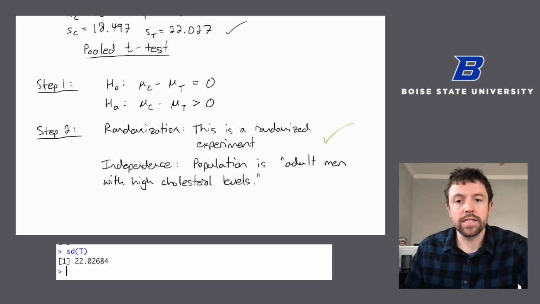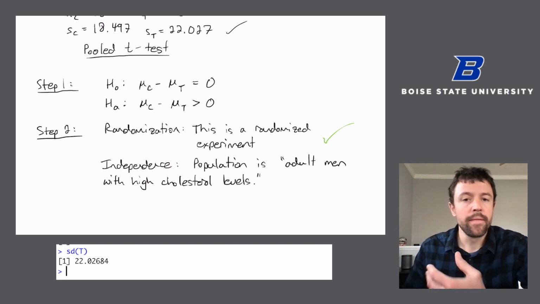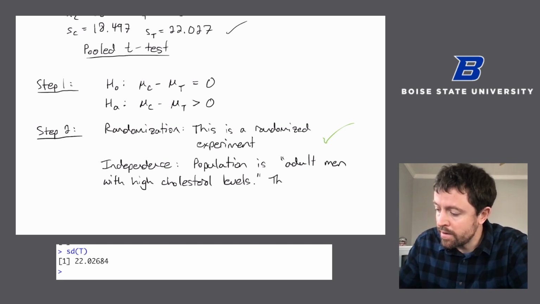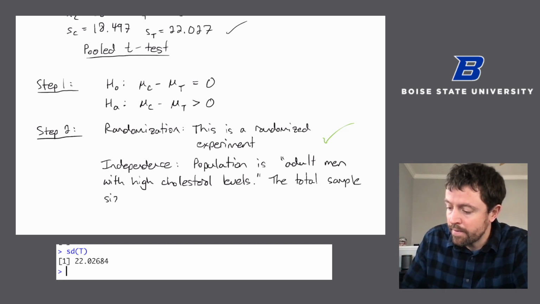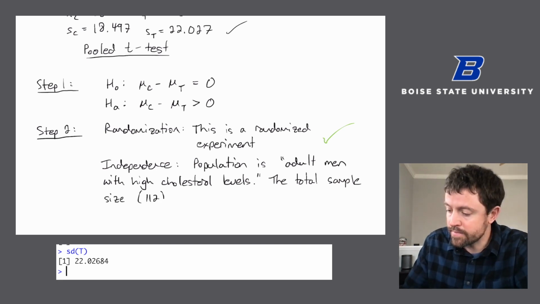And the condition here is that when we have one population, right? Sometimes we have two populations, a group from each. Here it's one population, and so we want our total sample size. That is the combined size of the two samples. So in this case, that's 112, right? 56 in each.